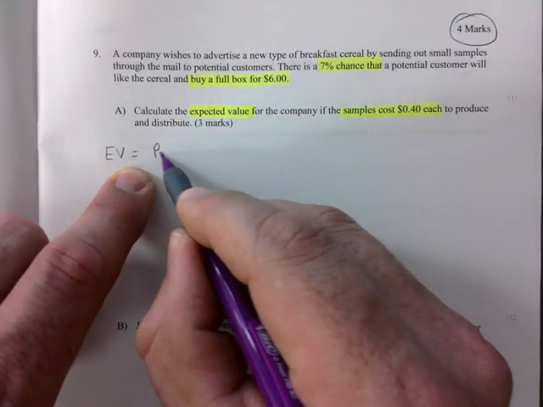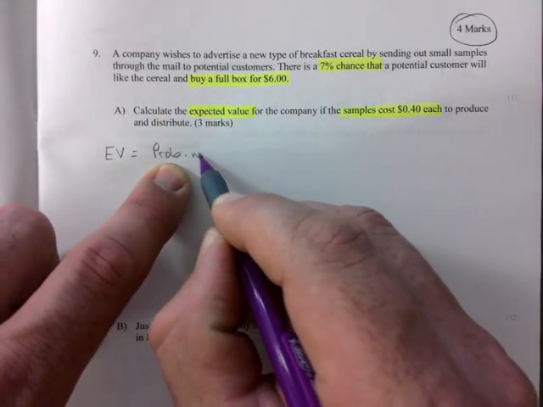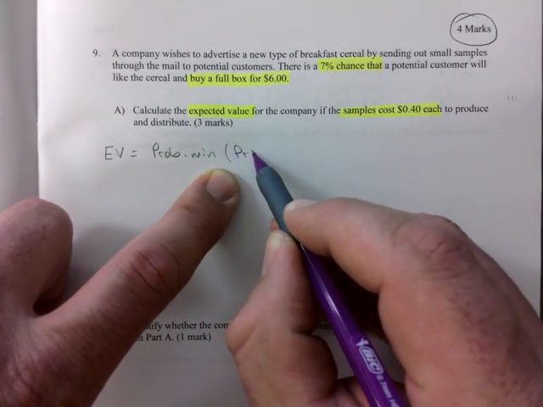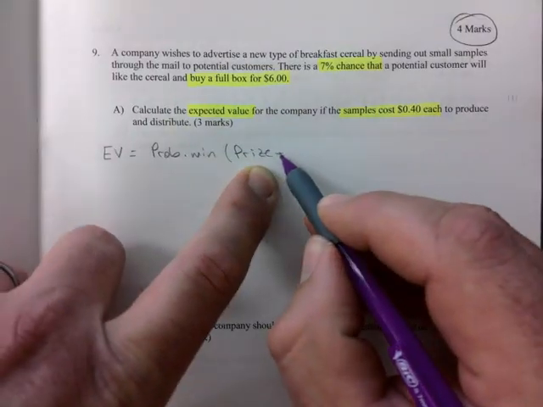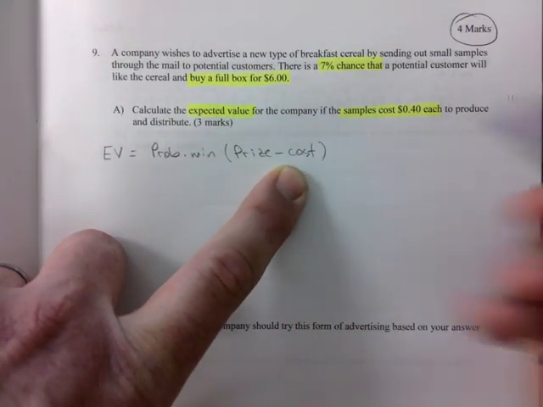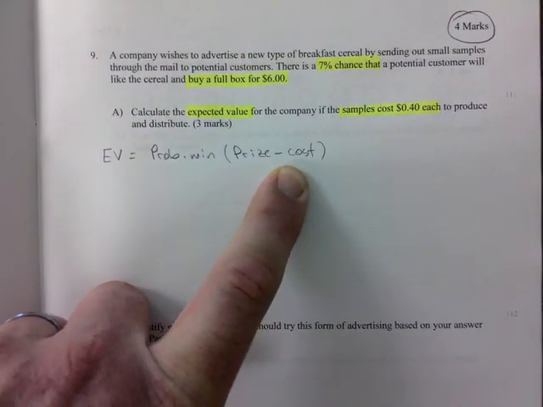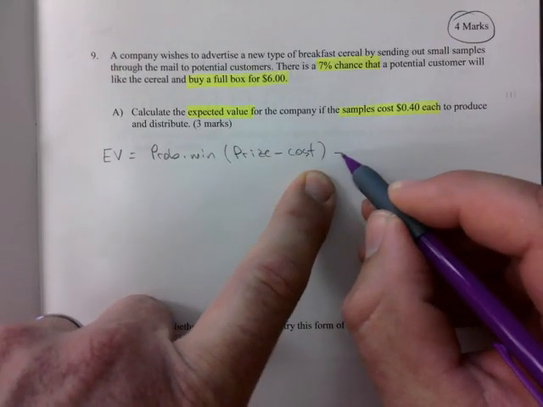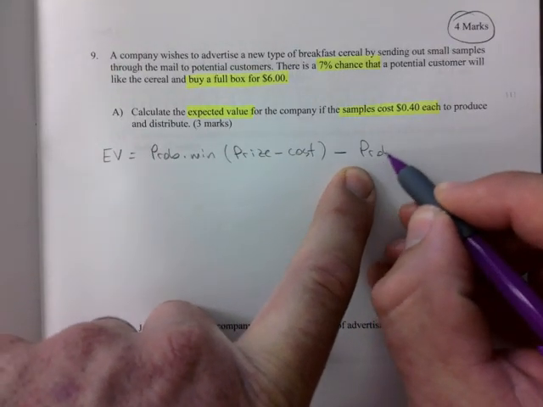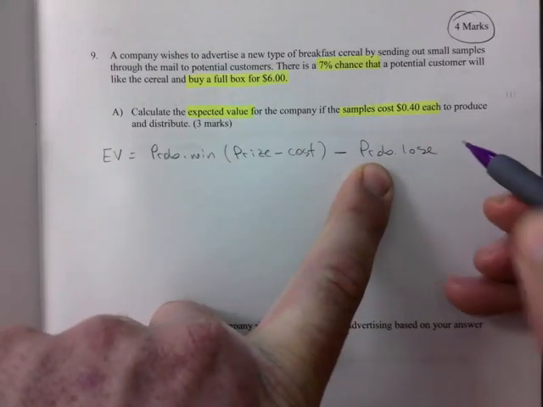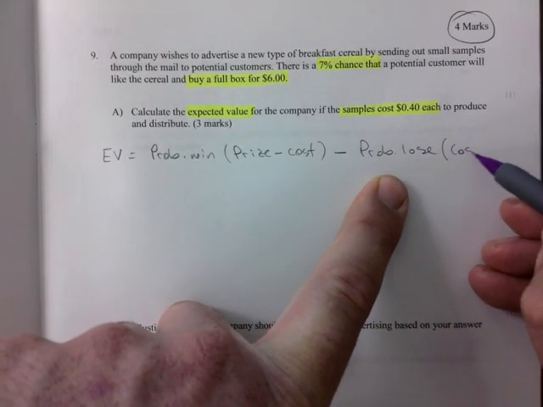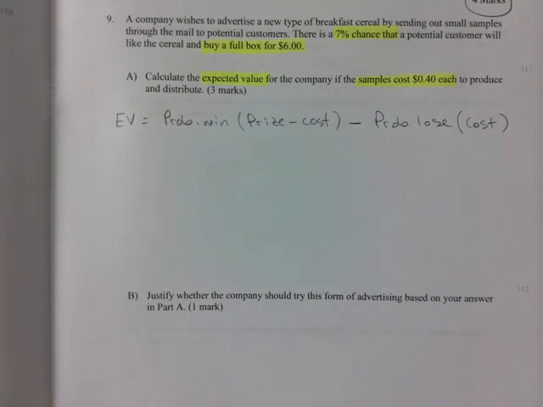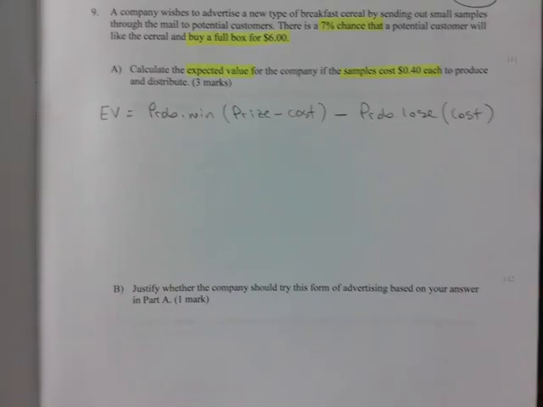You will get the probability of winning, you will multiply it by the prize that you would win as the company minus the cost, like what did it cost to produce it? And there's no other way of winning, right? So therefore, we go straight to probability of losing times whatever the cost was. 3 marks here, so you have to be careful what you enter.